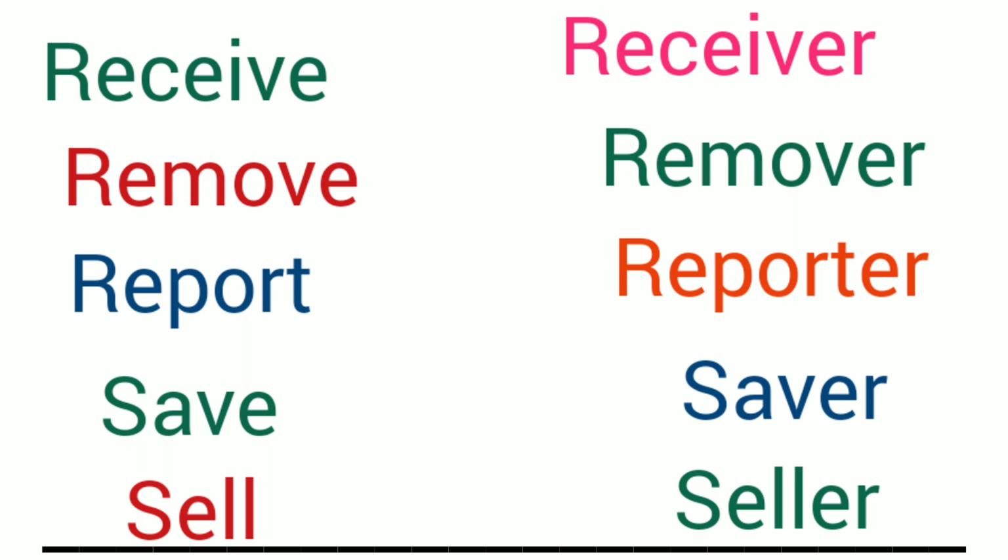Okay, you cannot as well say, he is the report of today's minutes or meeting. No, you can only say, he is the reporter of today's minutes or today's meeting. All right, and you cannot equally say, he is the save. No, you can only say, he is the saver.